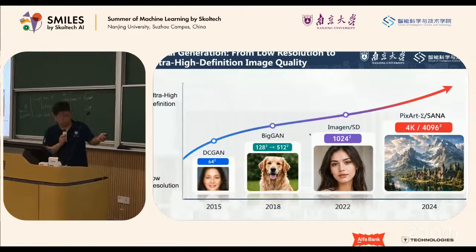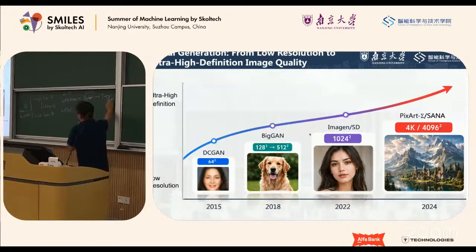Then the resolution increases to 1K. At that time, the models became diffusion models, like Imagen from Google, and Stable Diffusion, which may be more popular to us.